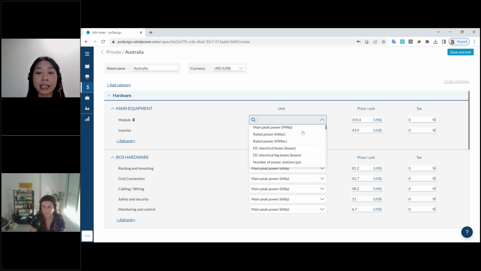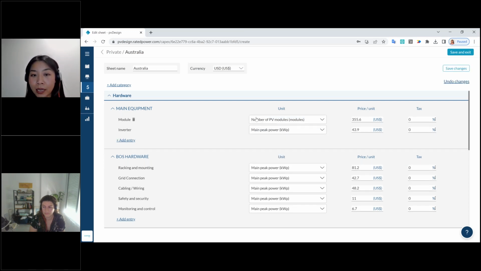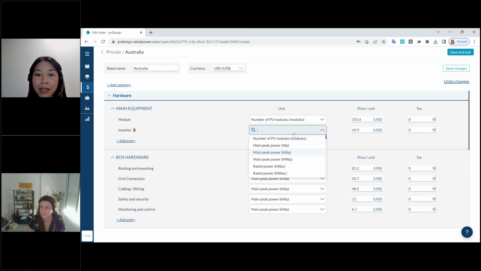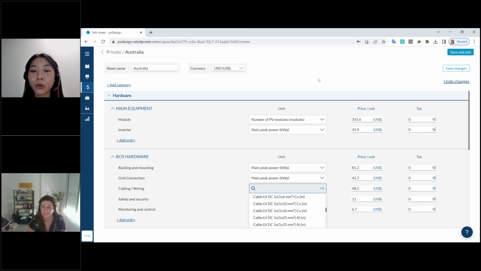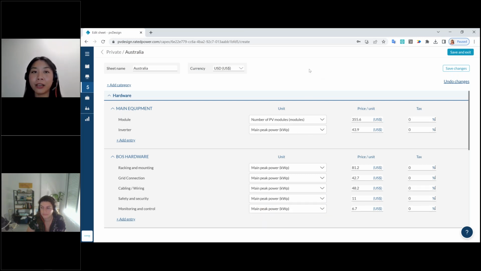For example, in this case, you can select how many modules instead of the main peak power. And for example, for the cable wiring, you can actually select how many cables, how long your cables are for which cable. And then you can put the unit price for that cable to have a more accurate LCOE in the end. Okay, the next question.